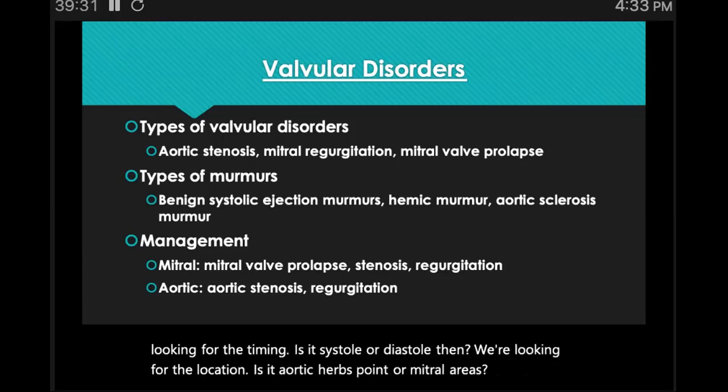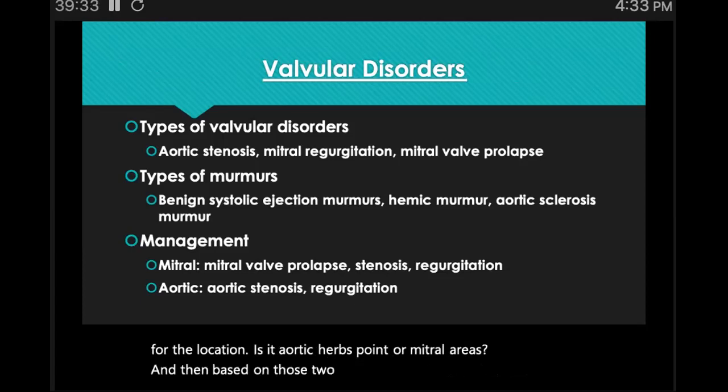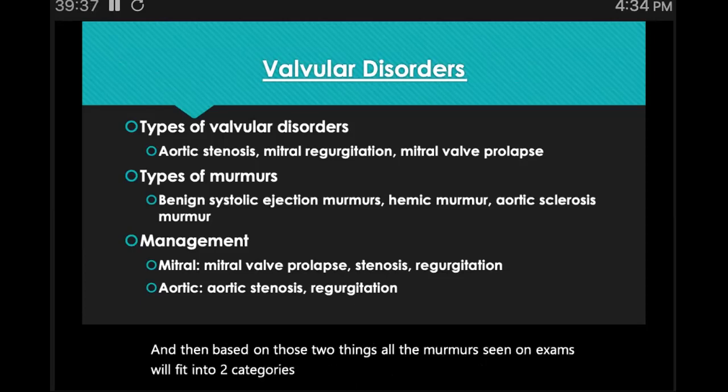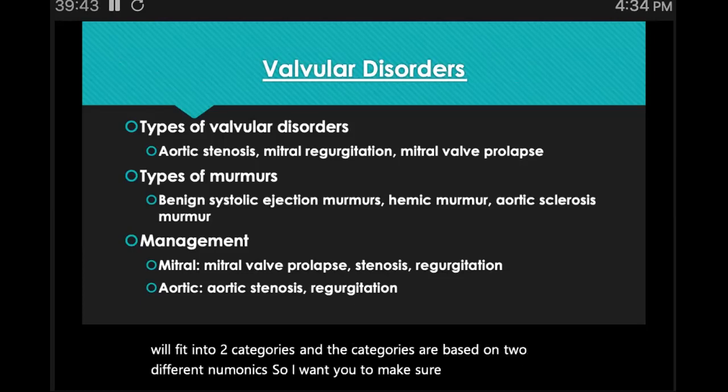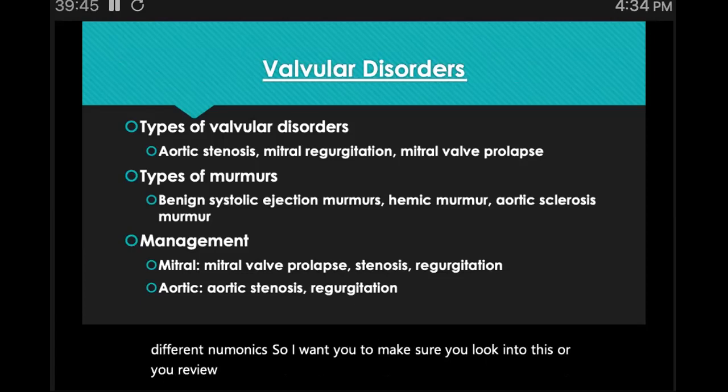And then based on those 2 things, all the murmurs seen on exams will fit into 2 categories. And the categories are based on 2 different mnemonics. So I want you to make sure you look into this or you review this. Timing of murmurs is based on either systolic or diastolic.